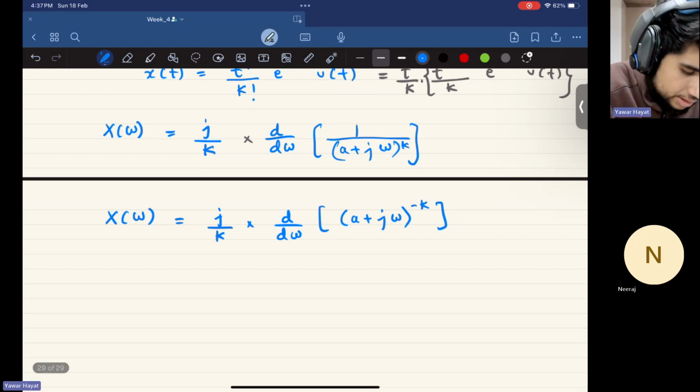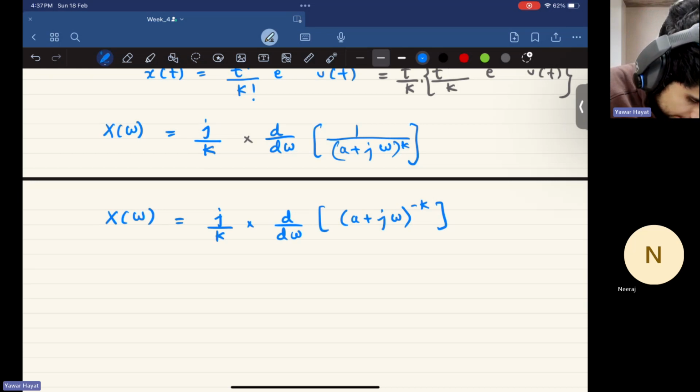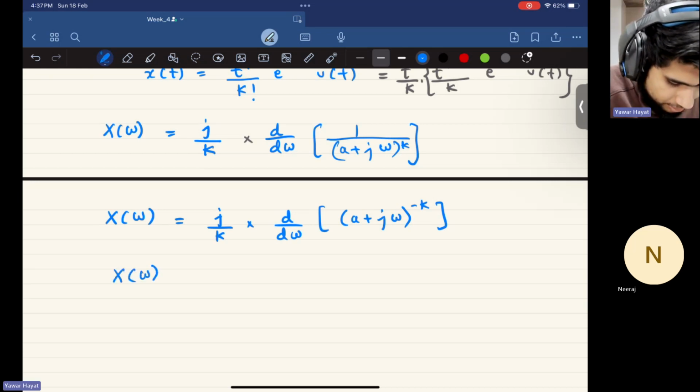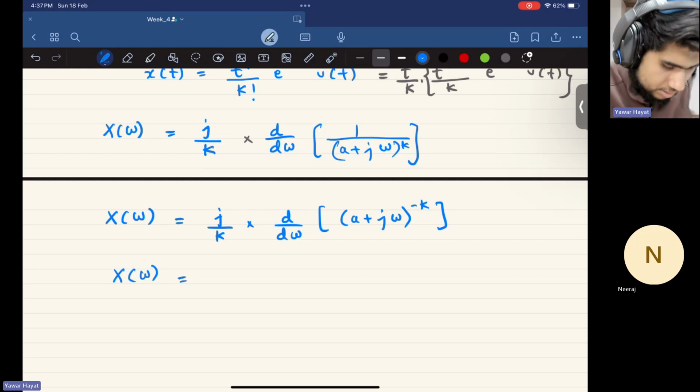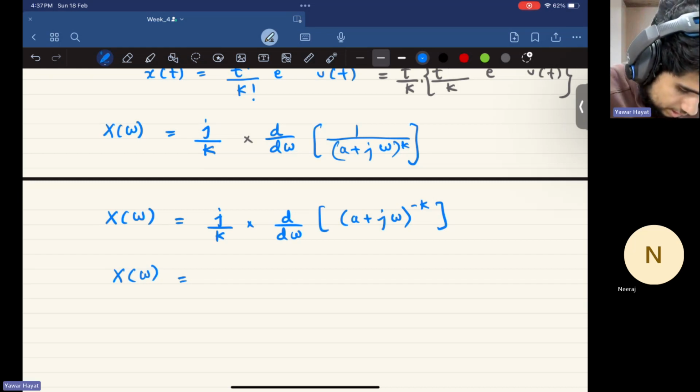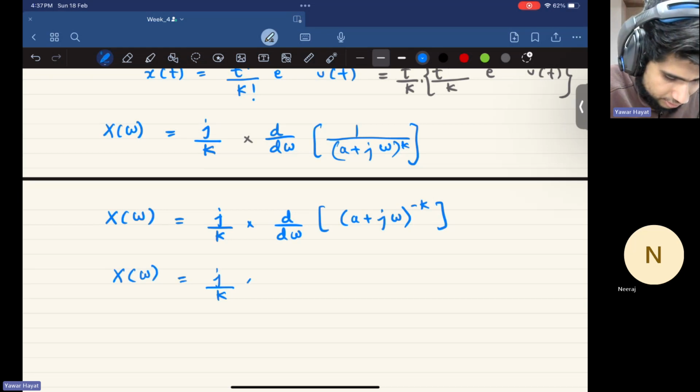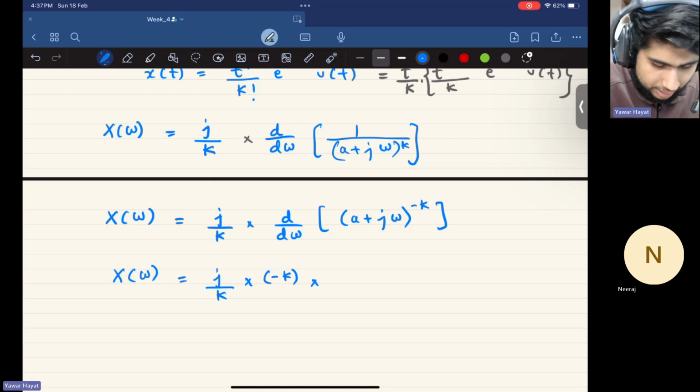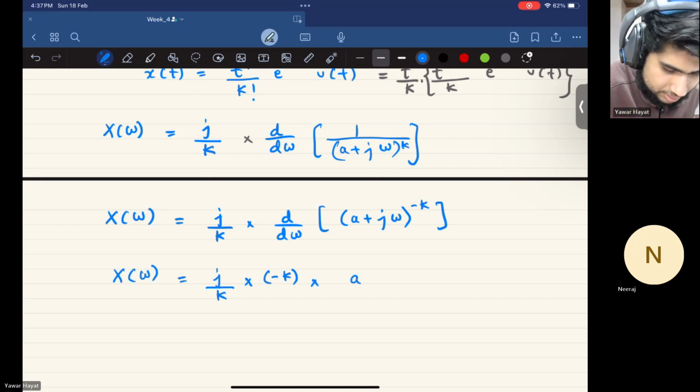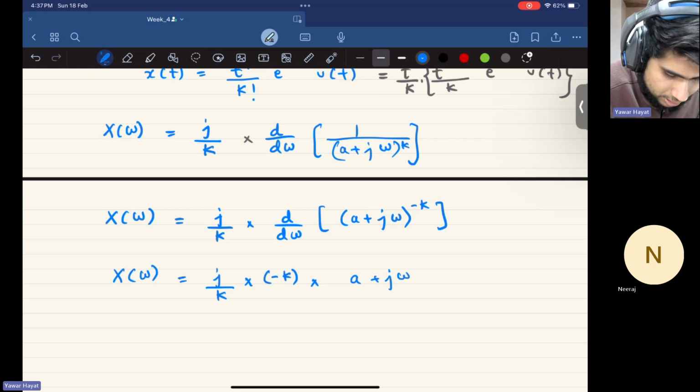This is essentially differentiation with respect to omega. So I'll write x of omega as j by k, this minus k would be here, and this would be a plus j omega.